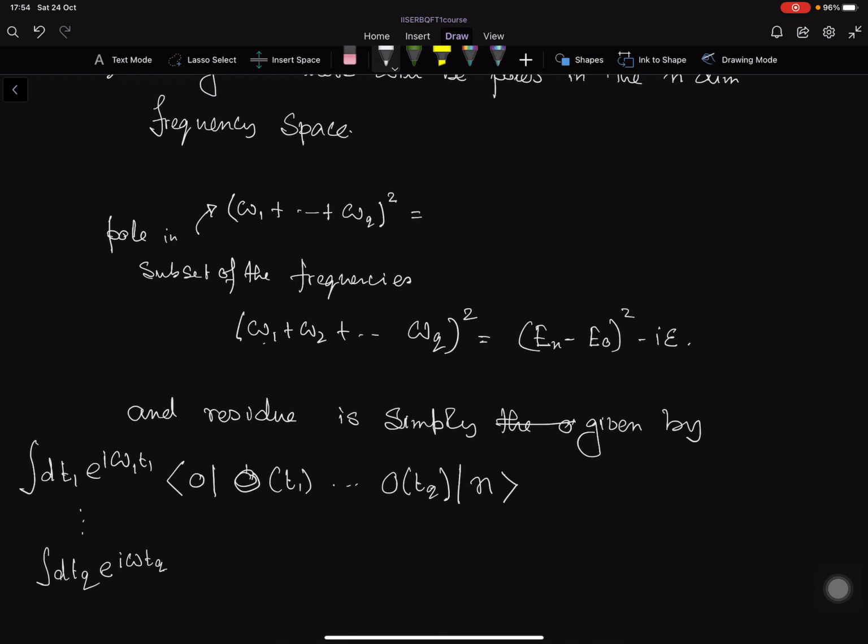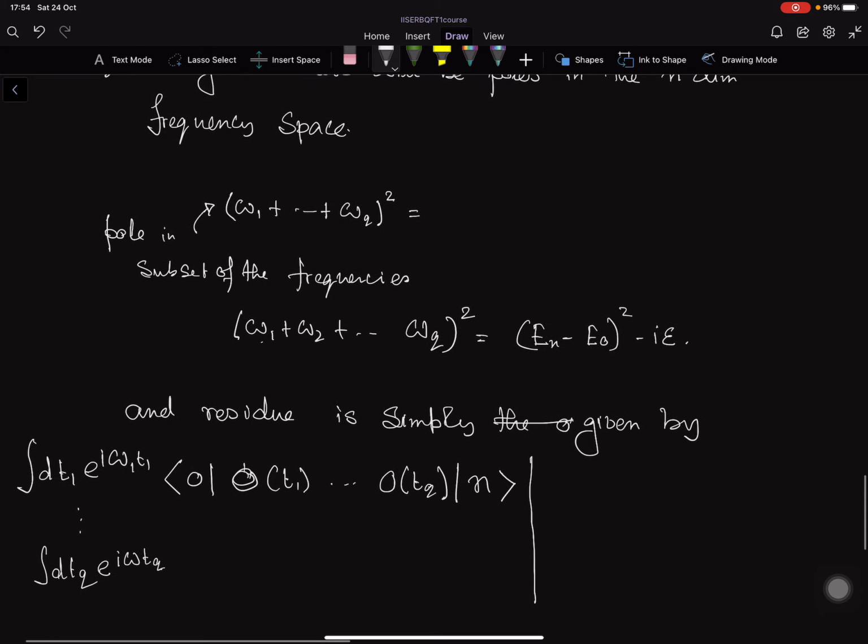So the residue will be controlled by this lower point function, and the pole is controlled by En, so you see that there is just n appearing here, and the n also appears here.